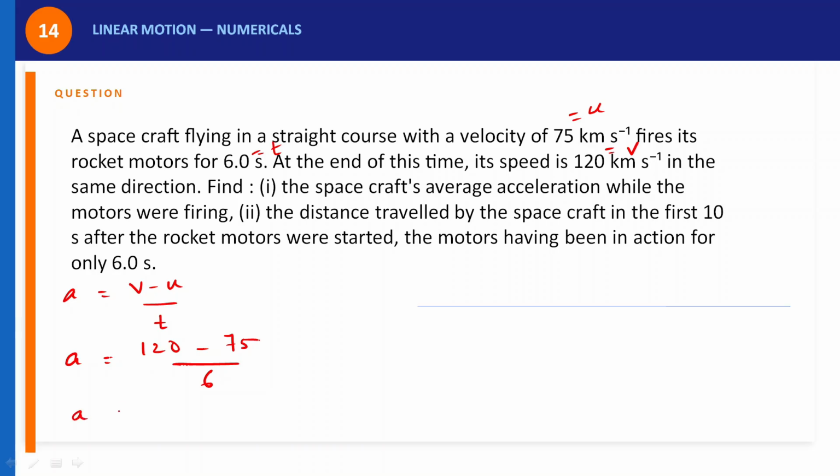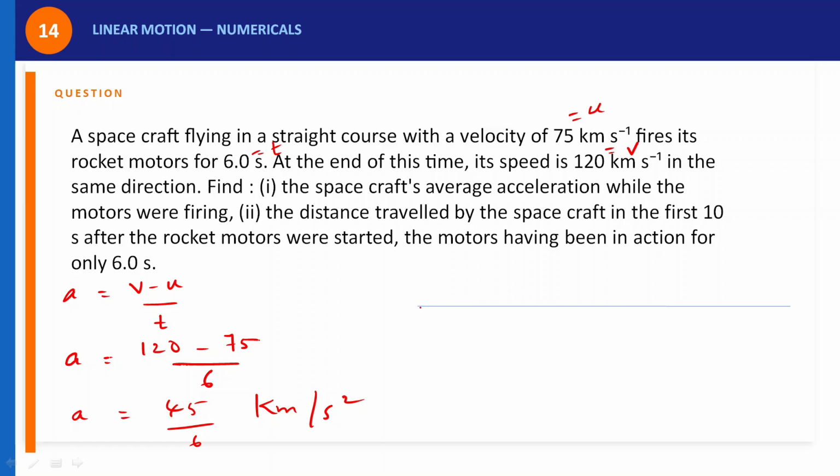Therefore, a equal to 45 by 6. The unit you will get here is kilometer by second square.